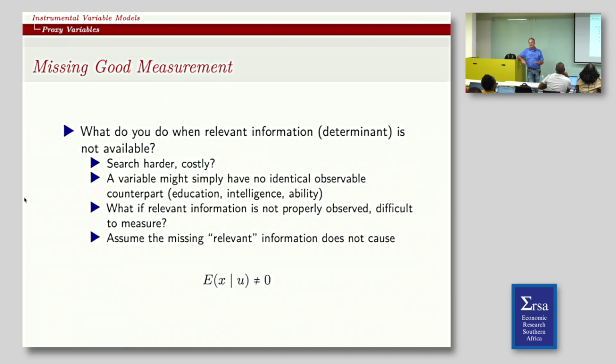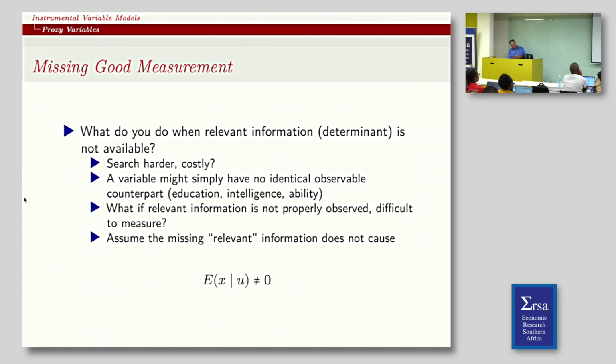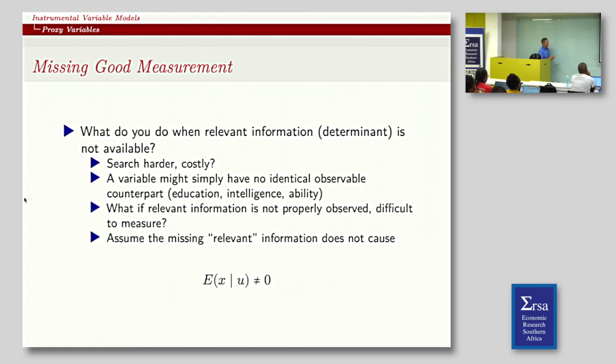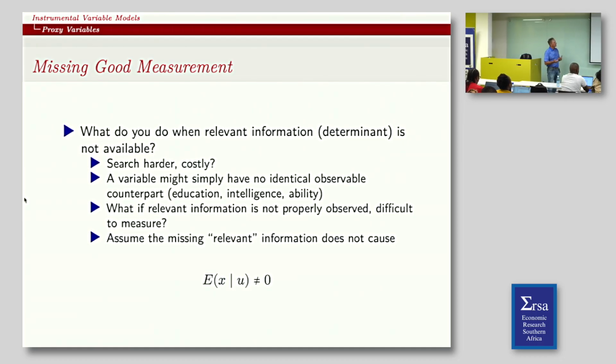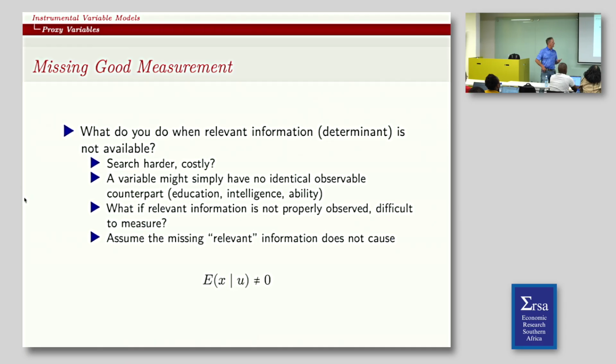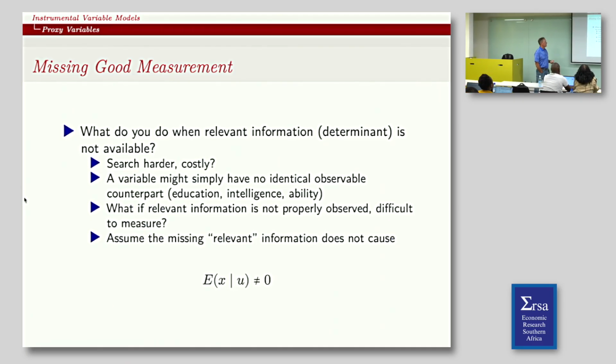They're meant to be somewhat different capabilities, but they're not always purely separable. So if the information is not properly measured or is not easily observed, it might be because it's difficult to measure.